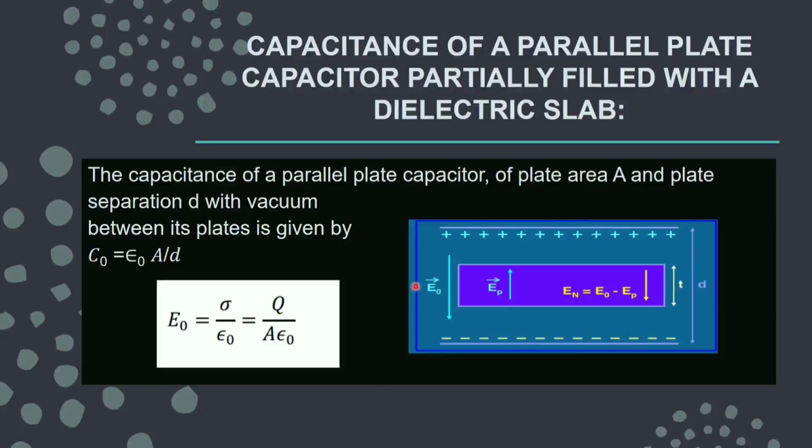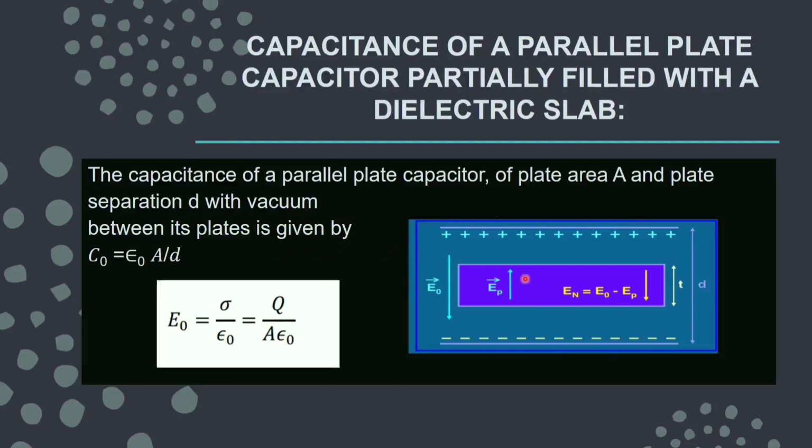charge density. If Q is the charge on each plate, then I can say Q upon A epsilon naught, assuming A to be the area of each plate. So this is my assumption: A is the area of each plate and the separation is D when it is kept in vacuum.